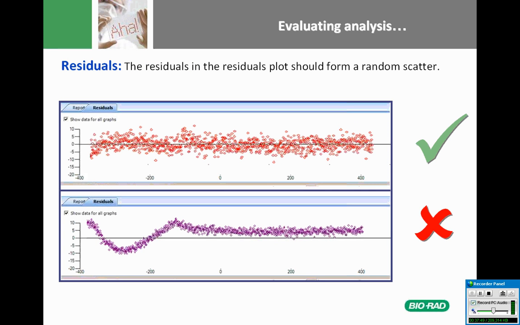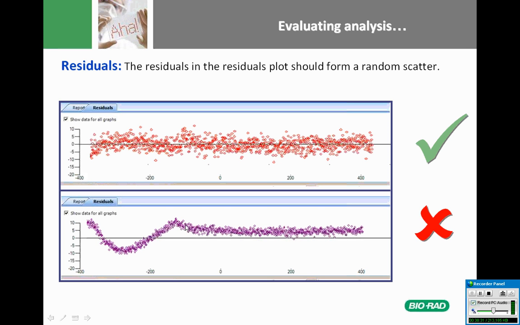The third thing that you can use to evaluate the results is the plot of residuals. This is a graph that shows the distance between each data point and its corresponding point on the fit. For good and reliable results, the residuals should be distributed normally and evenly around the zero line, or in other words, the data points should be distributed around the fitting curve, which means just random noise.